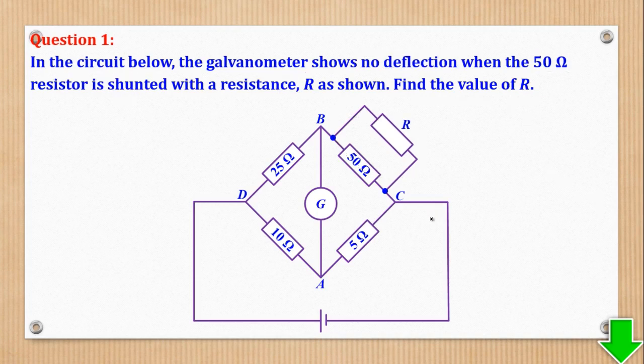So just like we saw, for the balance condition of a Wheatstone bridge, we don't need the value of the EMF. Our interest is whether all these values are given. If so, then you can use the balance condition.